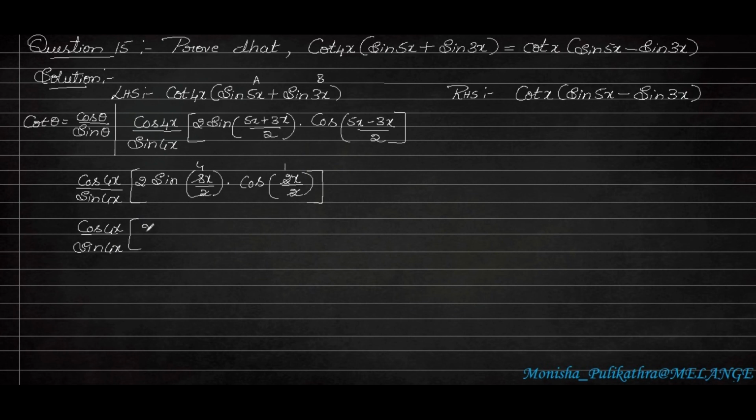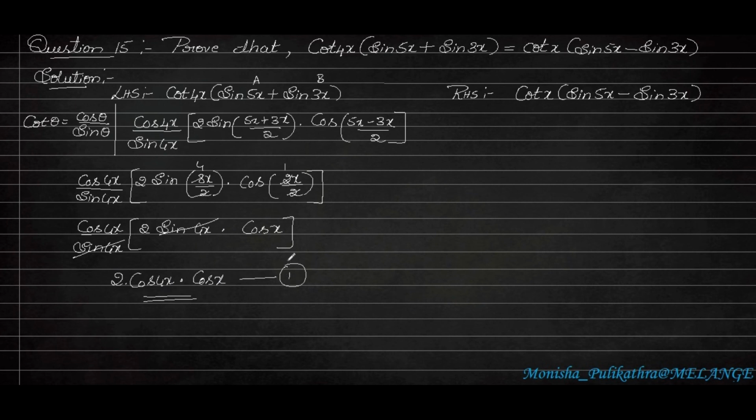So this will be equal to 2 sin 4x into cos x. Here sin 4x and sin 4x get cancelled. So remaining will be 2 cos 4x into cos x. Okay, this is the equation we obtained. So let this be equation number 1.